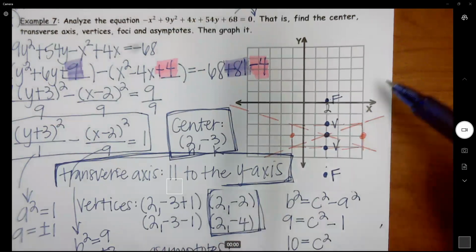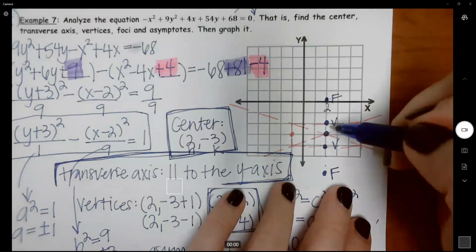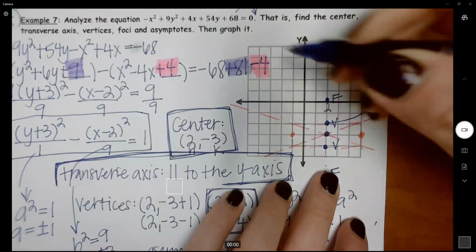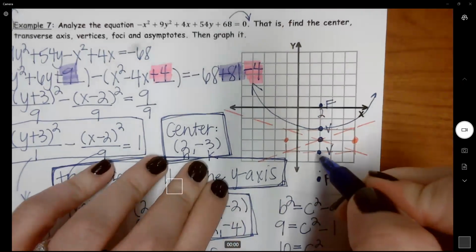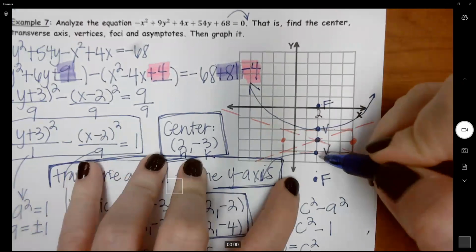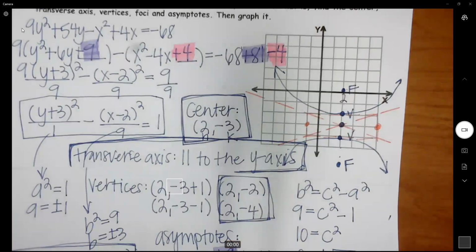So this is going to be a very wide hyperbola. Go from vertex, hug your asymptotes. Vertex, hug your asymptotes. So my hyperbola is right there in blue.